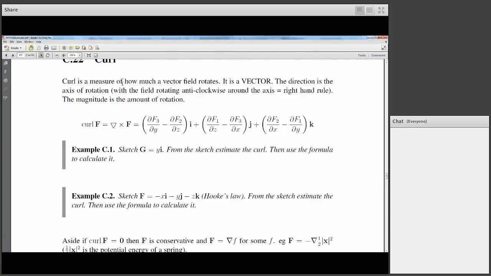It's a way of differentiating vectors, and it produces another vector. People often forget it's a vector and like to write a single number. It's not, it's a whole vector. Being a vector, the direction of it tells you the direction of the spin, so it's the axis of rotation technically, and it works by the right-hand rule.